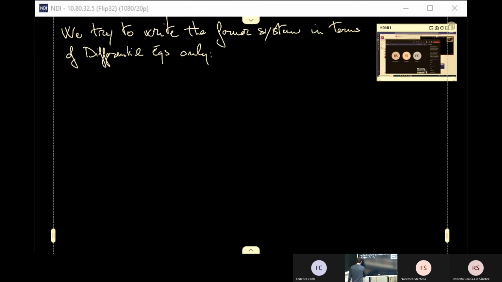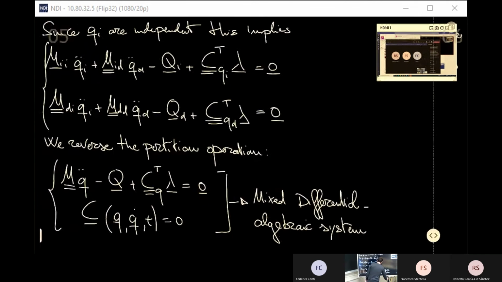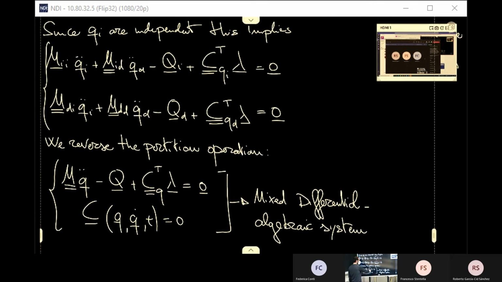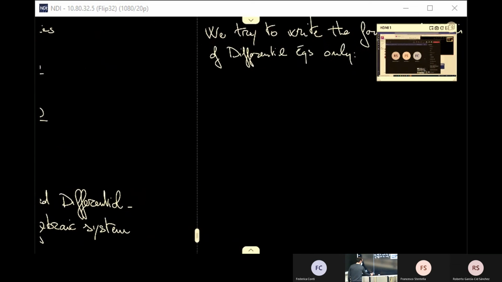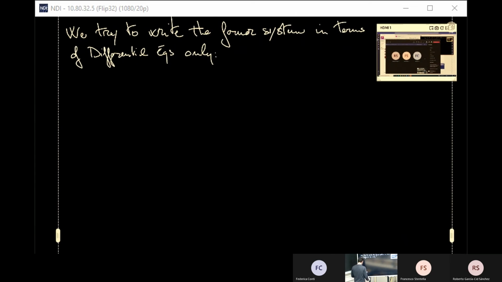To do that, what we do? Well, basically, these are the differential equations. These are the algebraic equations. Okay, the algebraic equations are the ones which enforce the constraints. So we basically turn the constraints equation from algebraic to differential.